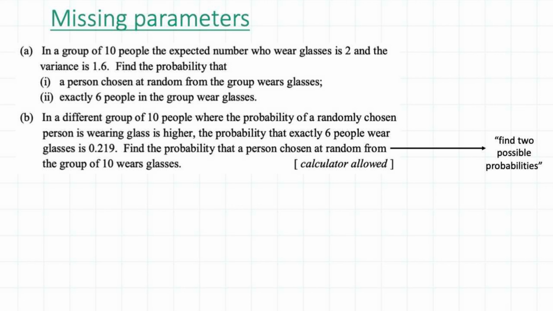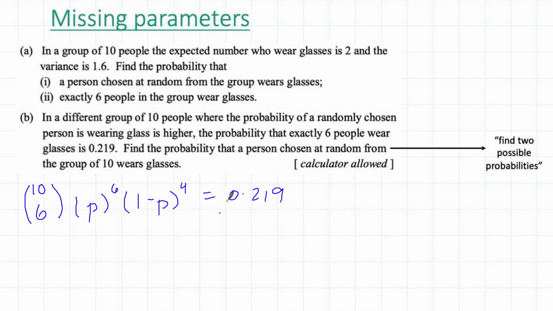Part B, the probability is missing this time. So how do we approach it? So you have 10 people, and it says that the probability of exactly 6 people buying or wearing the glasses, so p to the power of 6 times 1 minus p to the power of 4, is 0.219.